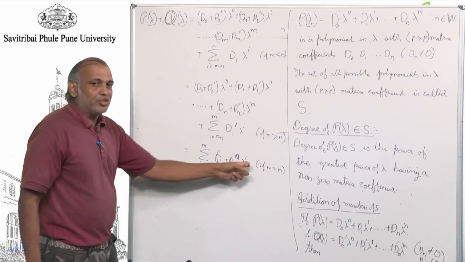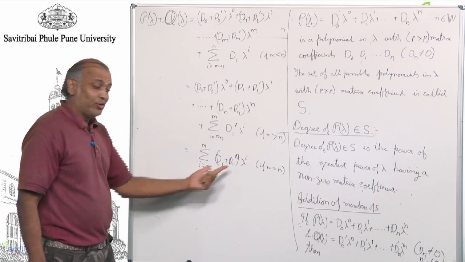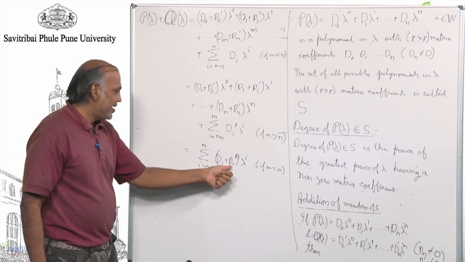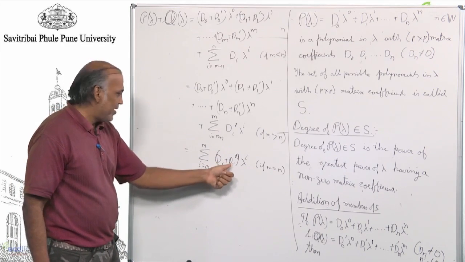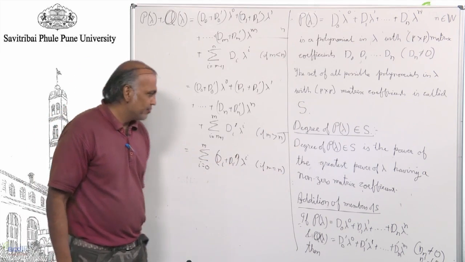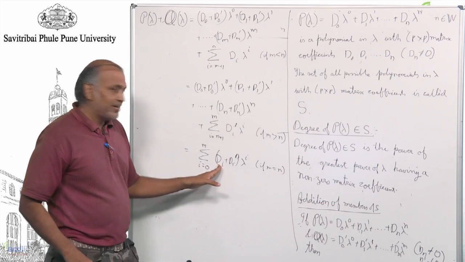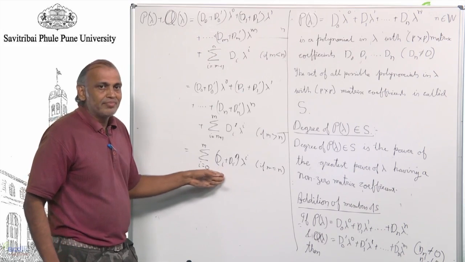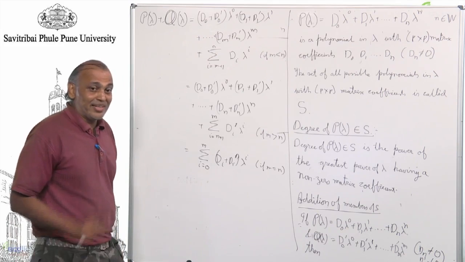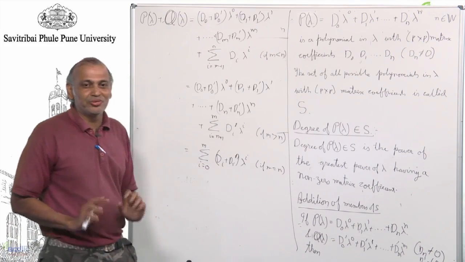The largest power of lambda which you see here is lambda to the power m, but its coefficient, if you try to check, dm and dm dash, or dn and dm dash, because m is the same as n, these two are the same. The d here and the d there for that m or n are both individually non-zero. But if you sum, there is no guarantee that the sum would be non-zero.